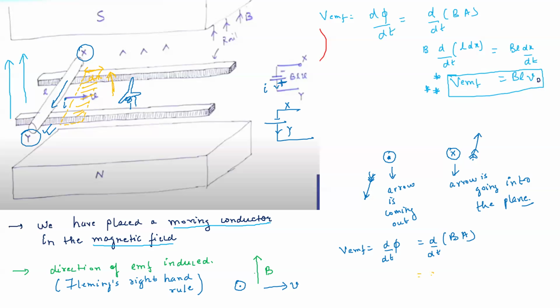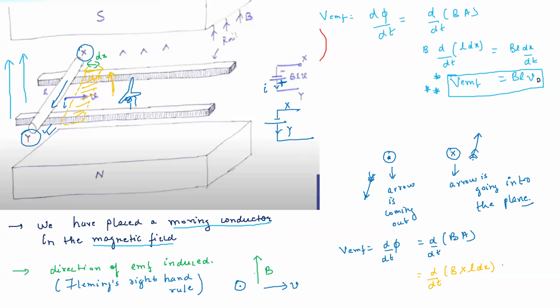So instead of this area, I will write B into L into dx, because this area is nothing but the length of the conductor L, and dx is the width of this area, right? Because it has moved dx distance due to this velocity.